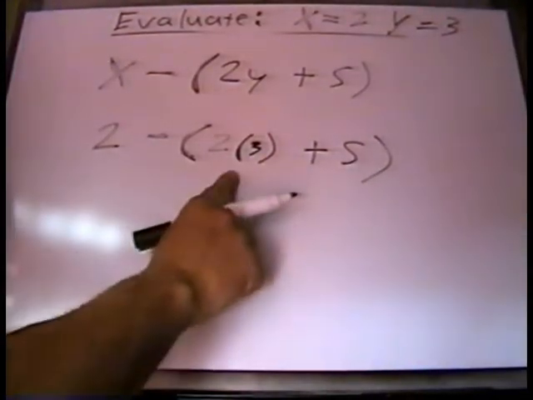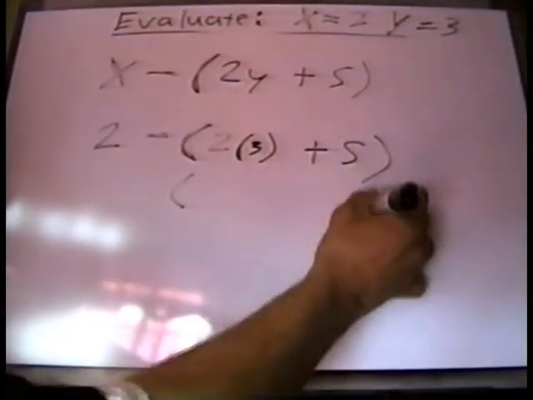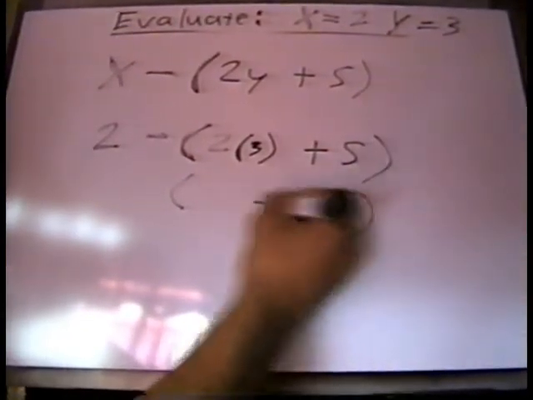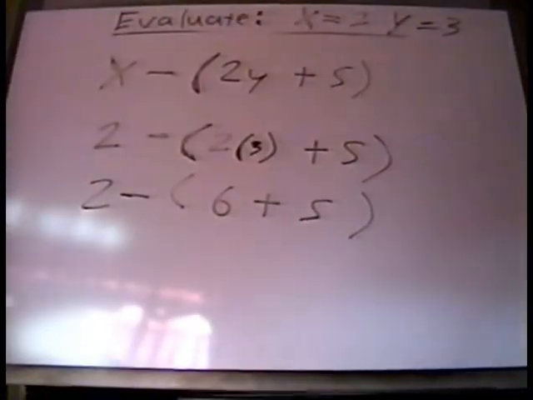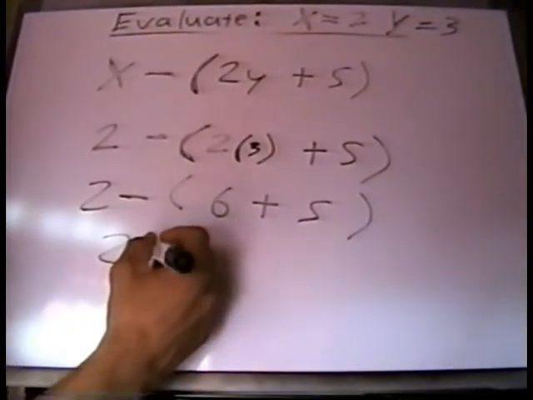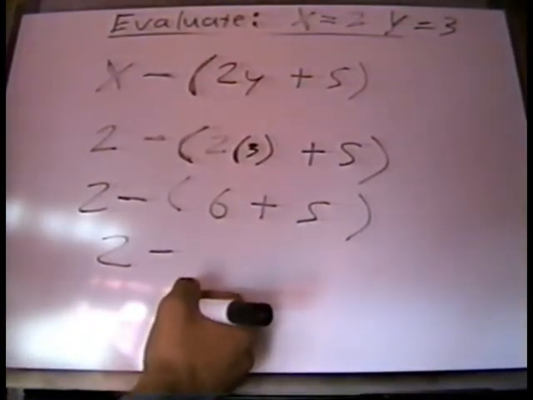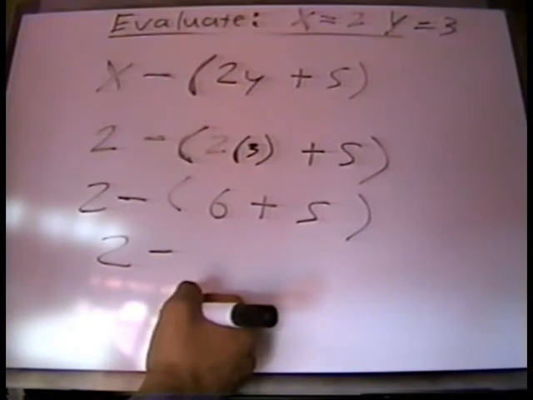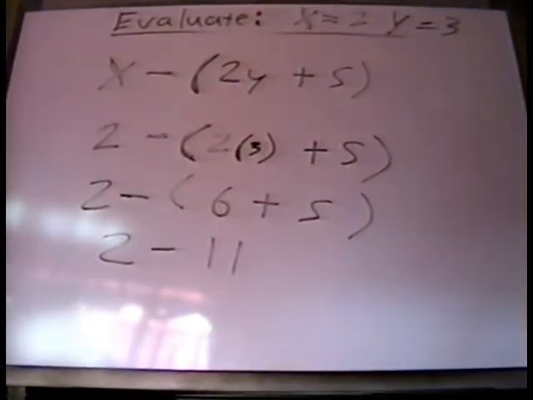And here we have a multiplication, so we multiply before we add the 5. Okay, so we get 2 times 3, that's 6. And get 2 minus the sum of 6 and 5, which is 11. 2 minus 11.